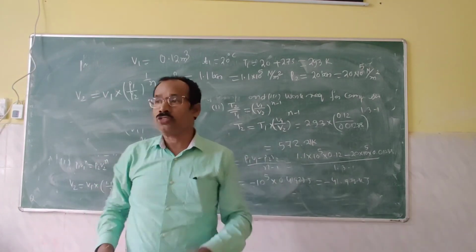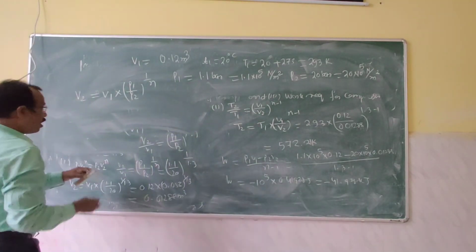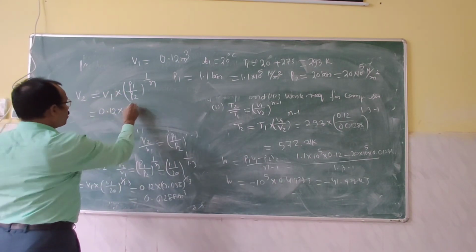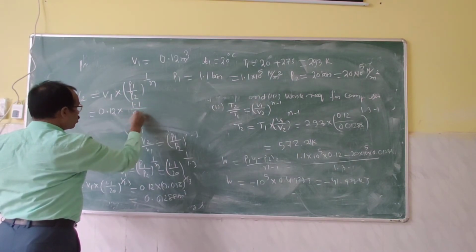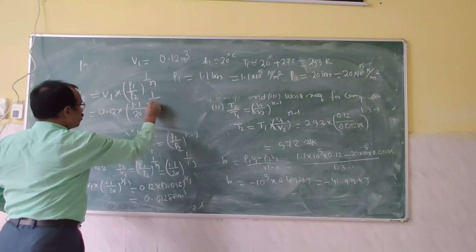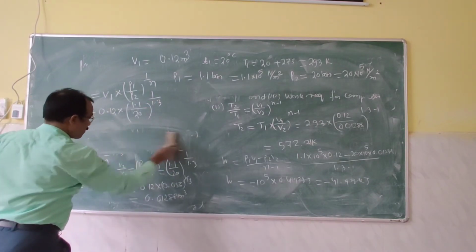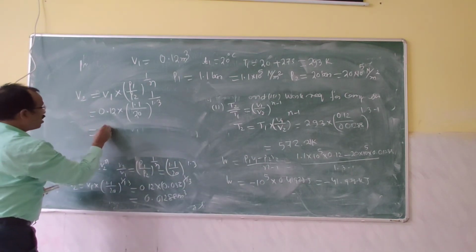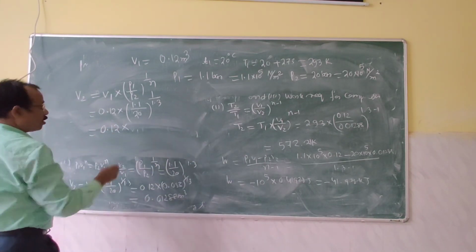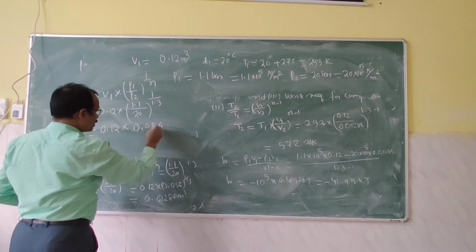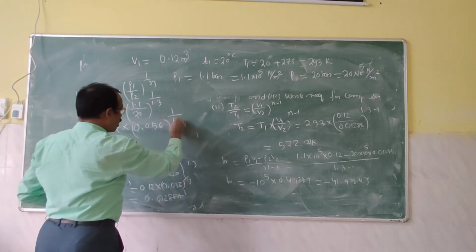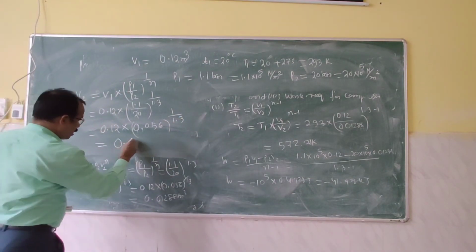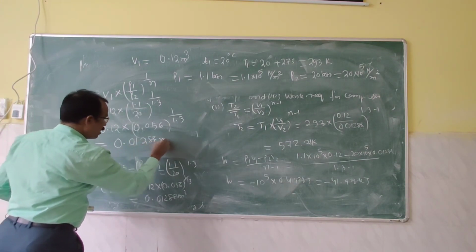Putting all the values, we have 0.12 into (1.1 divided by 20) to the power 1 by 1.3, is equal to 0.12 into 0.056 to the power 1 by 1.3, is equal to 0.01288 meter cube.